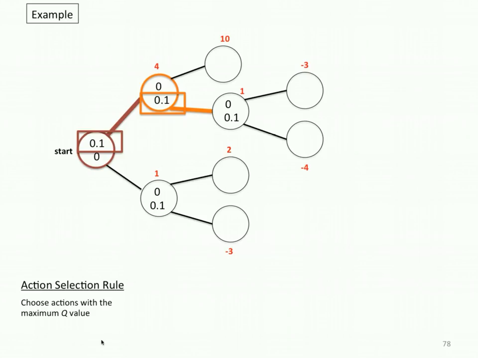That's where this action selection rule becomes germane. It says choose the action with the maximum Q value. When we follow that rule, then we start out in this state action pair and we transition to that state action pair. So it's a little bit of an adjustment from the calendar problem where we start out in one state and we transition to the next.